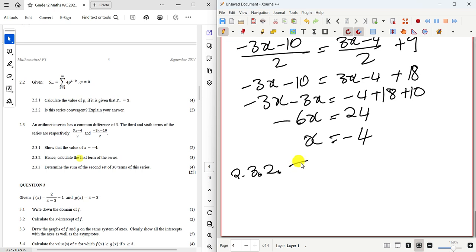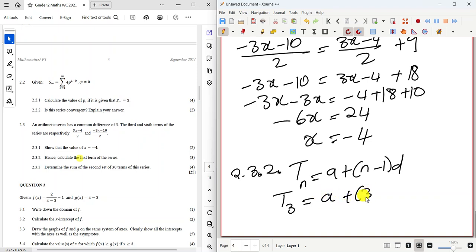You do recall that T sub n is equal to a plus n minus 1 times d. Now if we say T3, you still remember T3 was a plus 3 minus 1 times d.